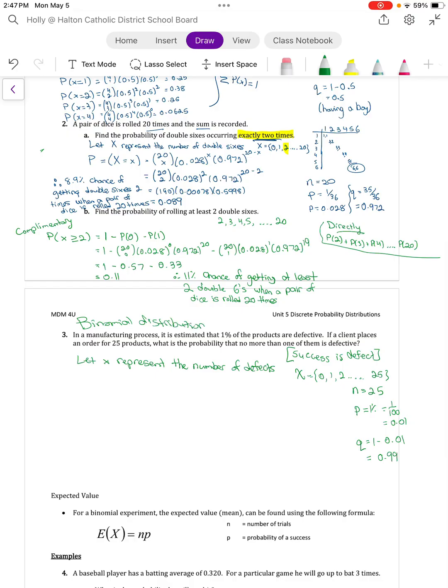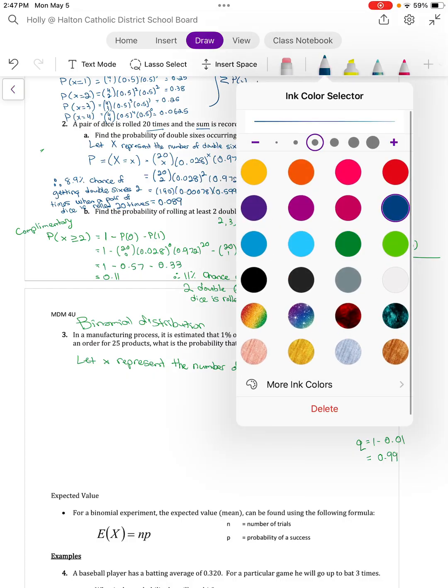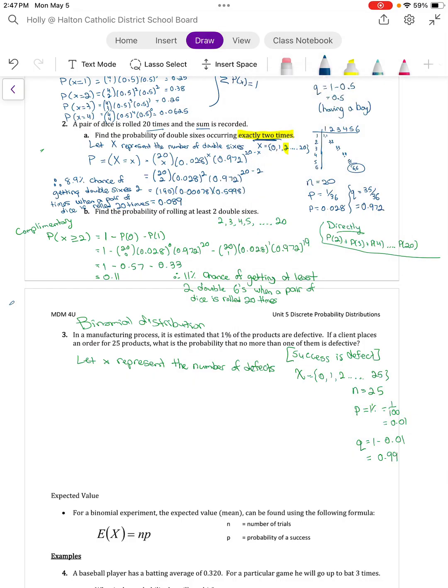It does not affect the next item. So if I have one item that's defective and I pick the other item, just because the other item was defective doesn't mean the next one is going to be affected. So that's called a Bernoulli trial.